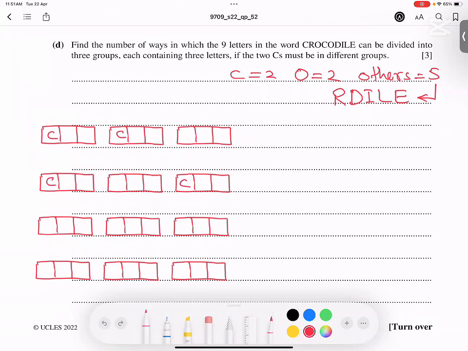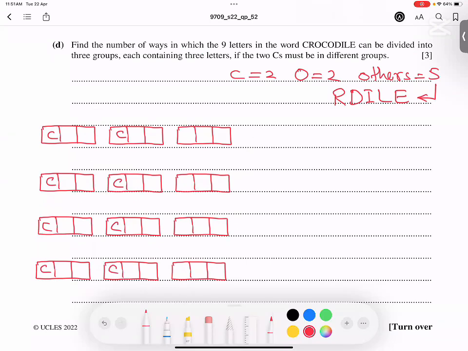Some students think this is dealt with as different. No, they are the same. So rather than concentrate on this, I take a C here and a C here. Even if I write C here, they are the same. So I have 4 options, C and C.